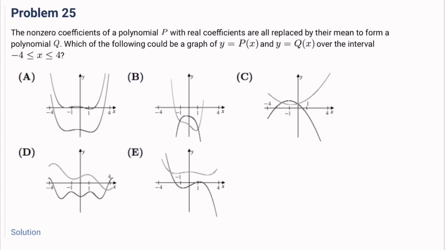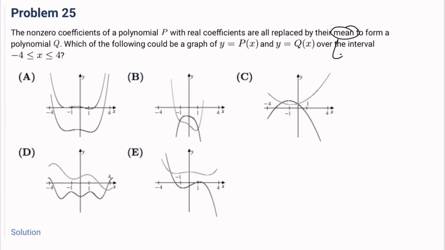Problem number 25. The non-zero coefficients of a polynomial p with real coefficients are all replaced by their mean to form a polynomial q. Which of the following could be a graph of y equals p of x and y equals q of x over the interval, this one, right? First thing that we need to notice is that the problem didn't give us the degree of the polynomial, right? So we don't know if it's a third degree polynomial or a fourth degree polynomial or what. And so we need to focus on the fact that their coefficients are replaced by their mean, right?